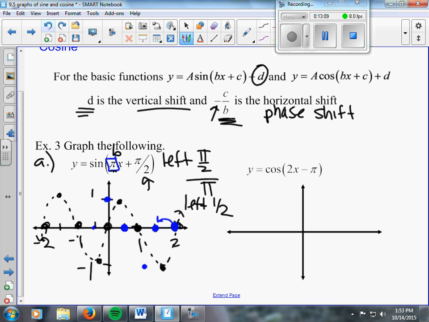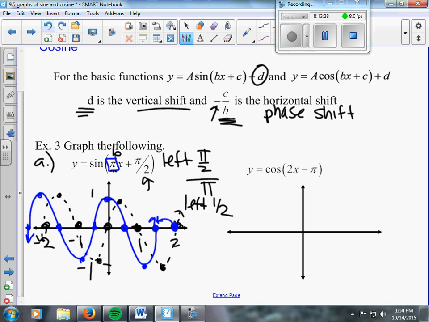And so this original cycle that was on the positive x-axis between 0 and 2 pi shifted left a half. Okay, and then over here we have each of these points moving left a half as well. And this is my new graph, and the blue graph is the final answer.